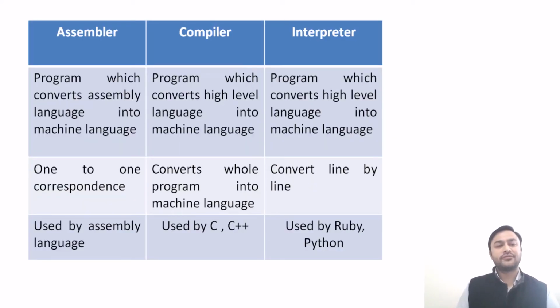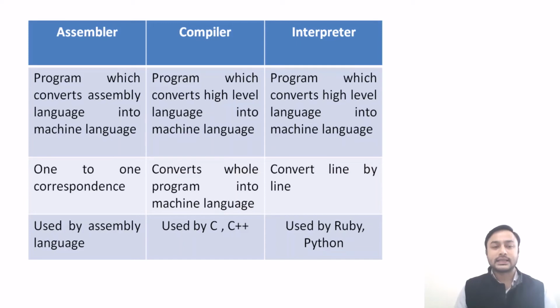Now, what's the difference between assembler, compiler and interpreter? That is important. In case of assembler, it is a program which converts assembly language into machine language. So again, assembler is what? A translator, and translator is what?